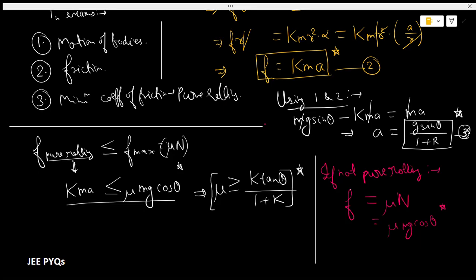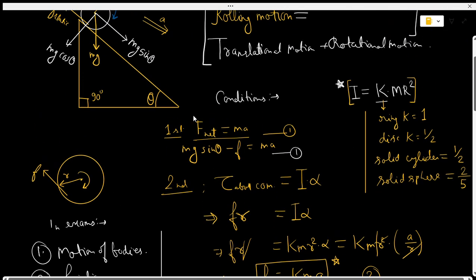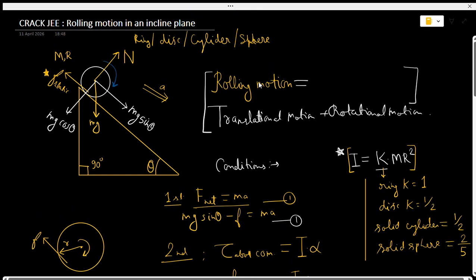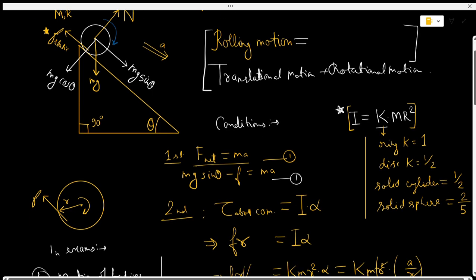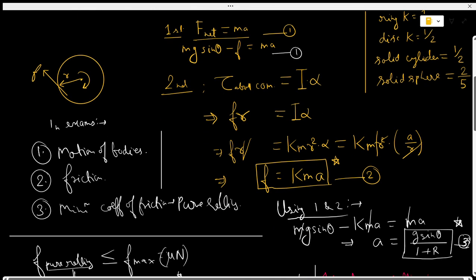Right? So what we have seen over here: first the free body diagram, then rolling motion as translational motion and rotational motion together, the moment of inertia, key formulas to note, and two conditions for the motion.